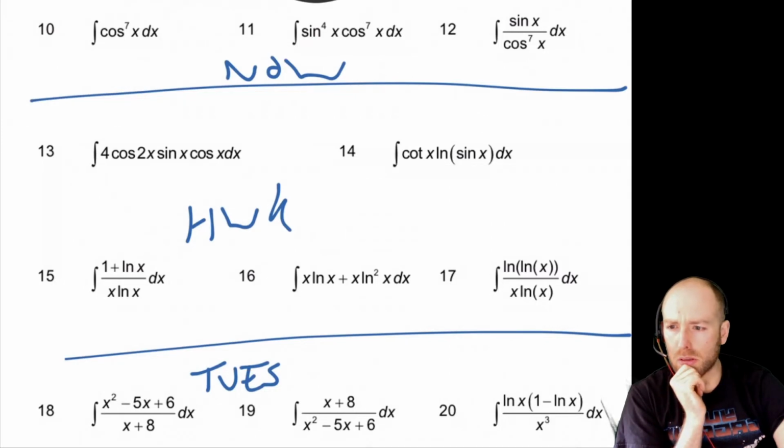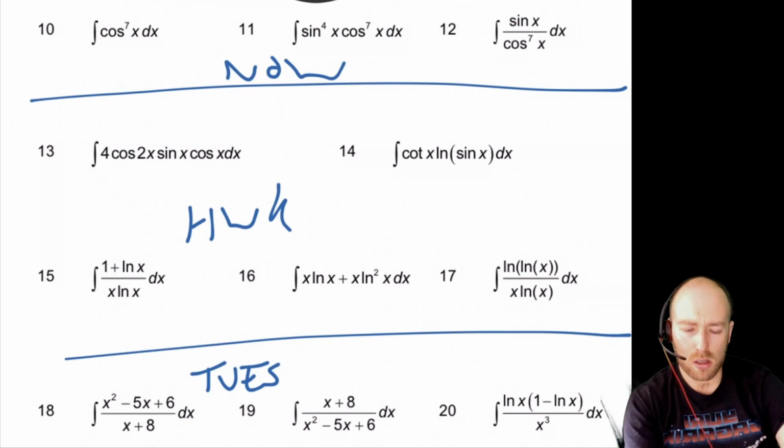Where's your group? Cool. Yeah, Ollie, I'm pasting the picture in now. Cool, there you go.